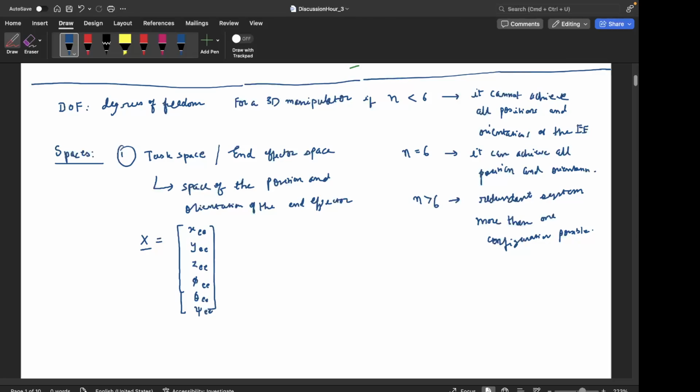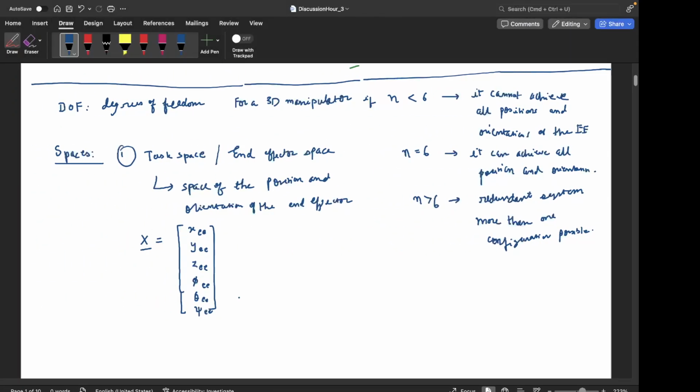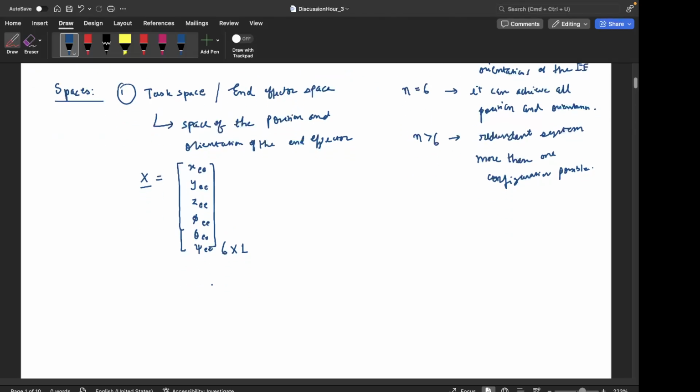So this is a 6 cross 1 vector. These are the variables of the task space, right?